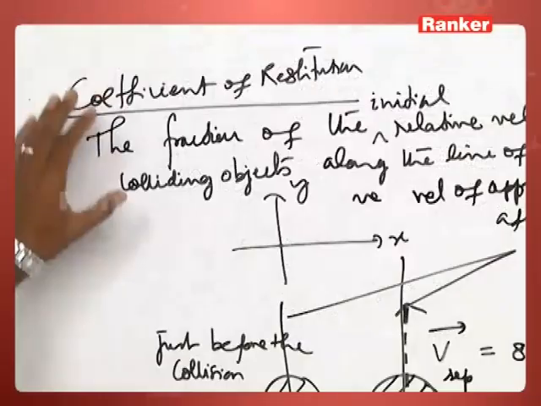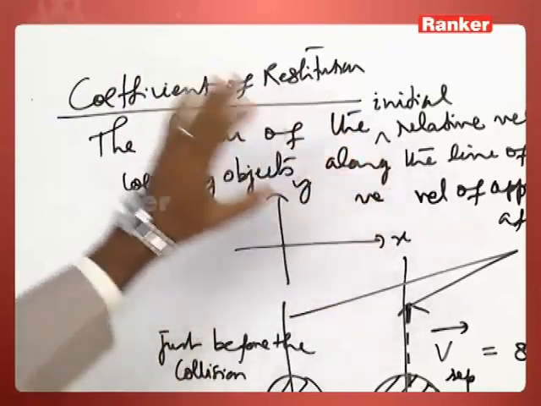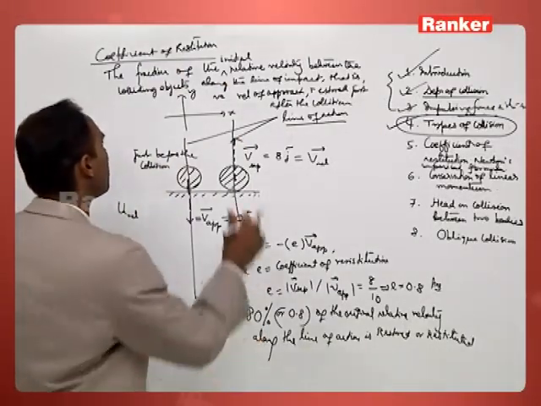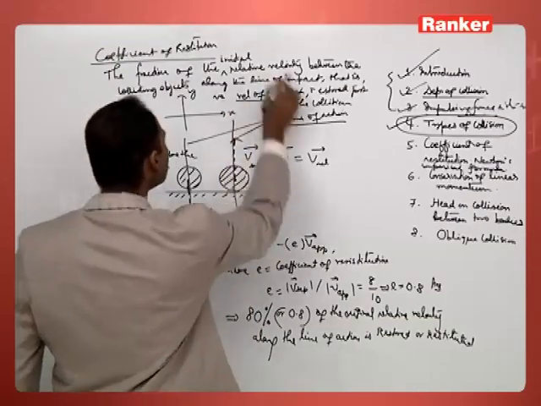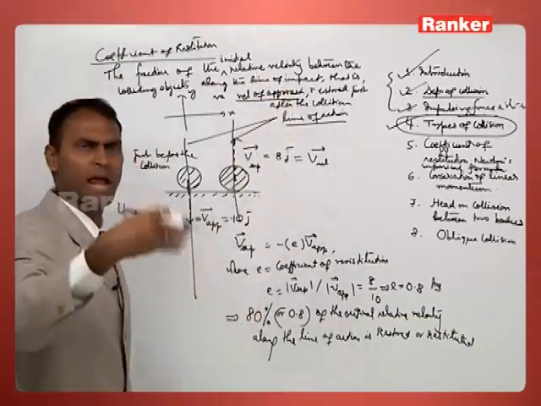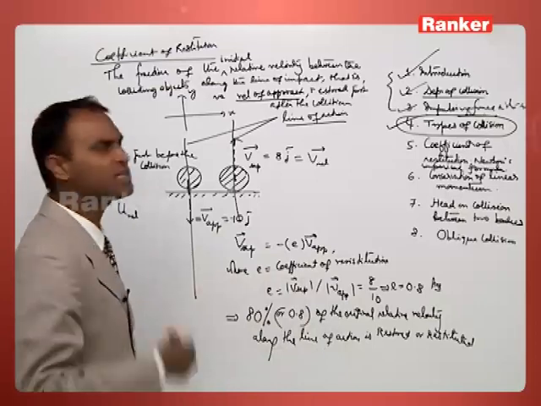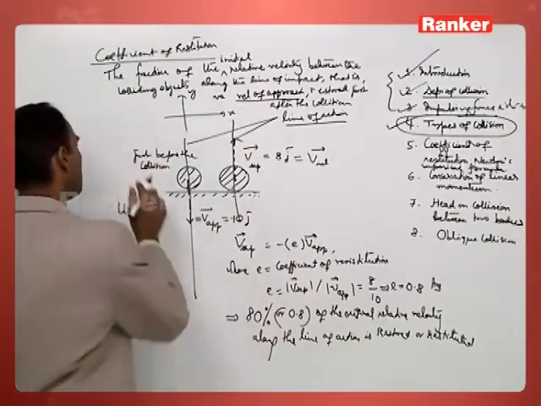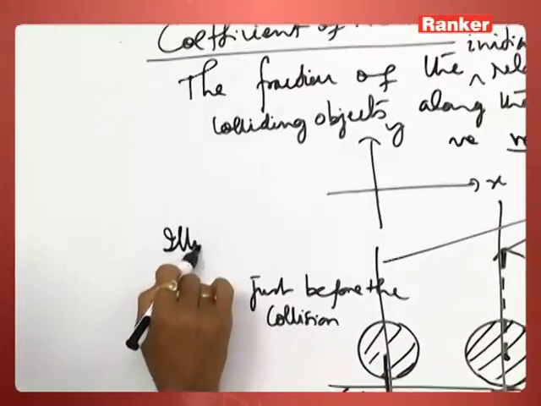So it is the portion or the fraction of the initial relative velocity between the colliding objects taken along the line of impact, that is the velocity of approach. What fraction of the velocity of approach is regained or restituted or restored just after the collision or impact is called coefficient of restitution.